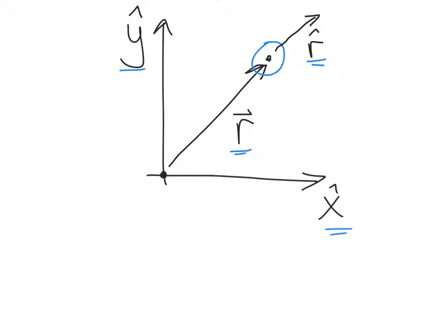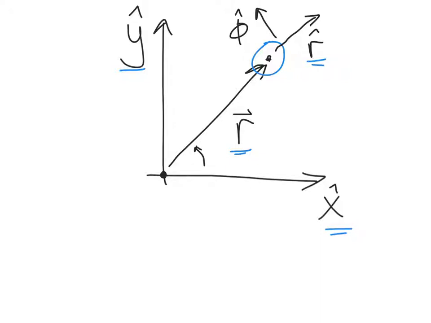And because we're thinking of motion in two dimensions here, we need a second basis vector, and we're going to use a second basis vector which points 90 degrees away from this r hat. It's going to point like this. And that vector we're going to call phi hat. Phi hat points in the direction of increasing angle phi.